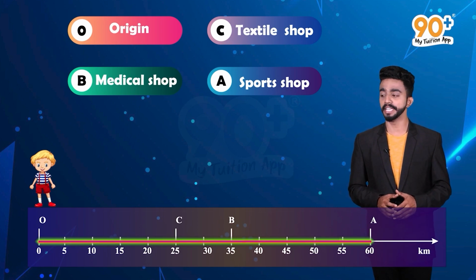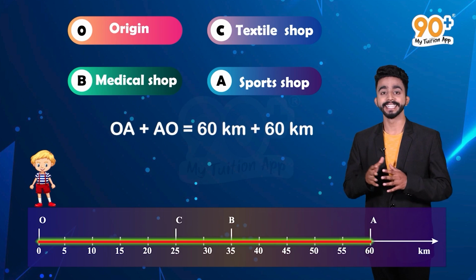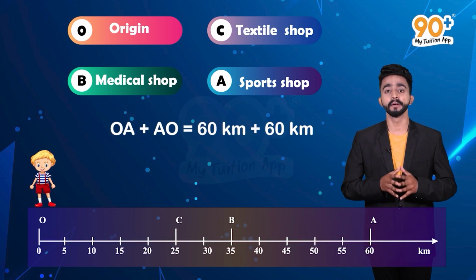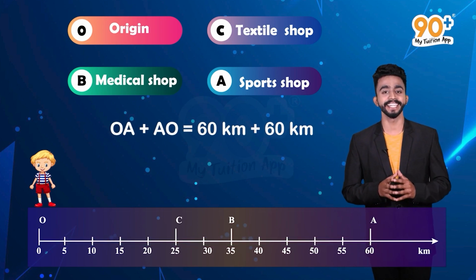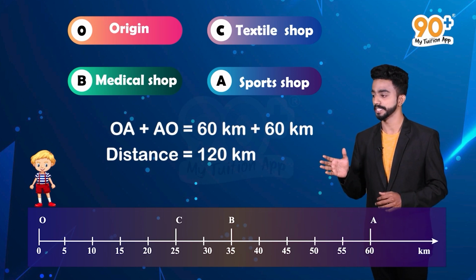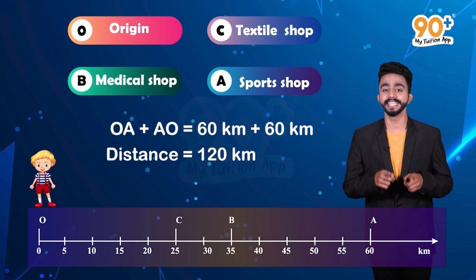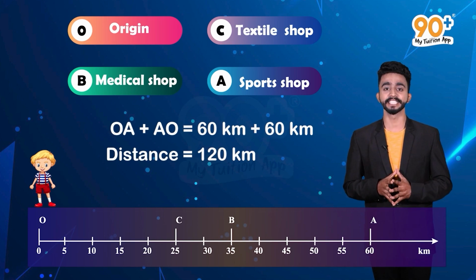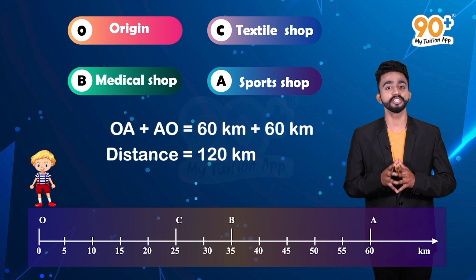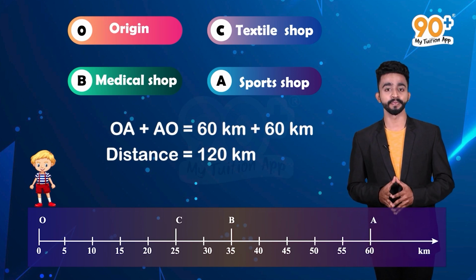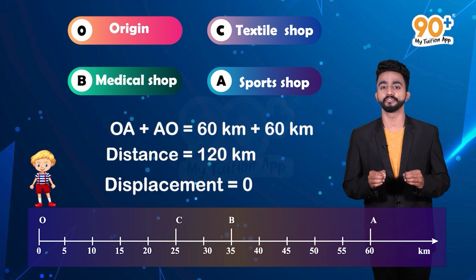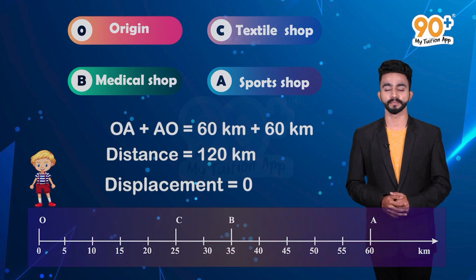Yes, it will be OA plus AO, that is 60 km plus 60 km. That is equal to 120 kilometers. But in this case, the initial and the final position is the same, which means that the shortest distance from the initial position to the final position is 0. That is, the magnitude of displacement is 0.